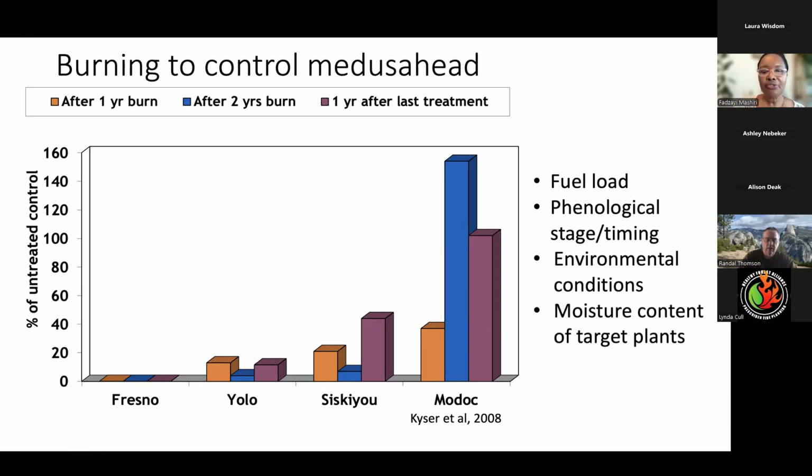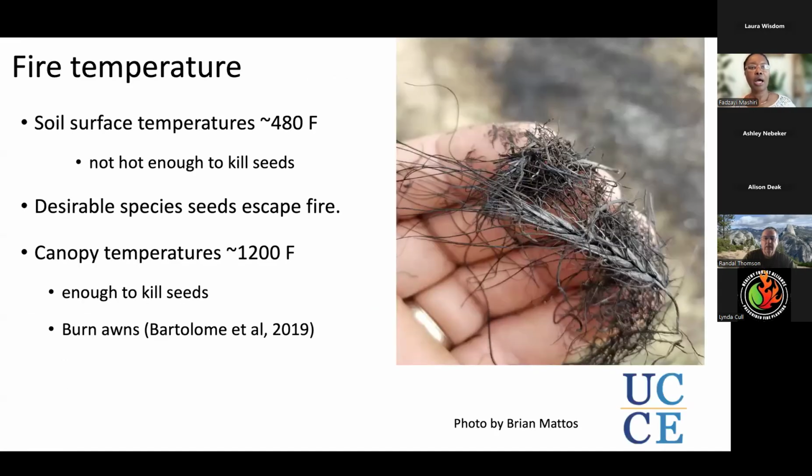So focusing on the phenological stages is what is so important, not thinking that every year we have to burn in May, but paying attention to burning when the desirable species have lost their seeds and the medusahead still has theirs on the seed head.